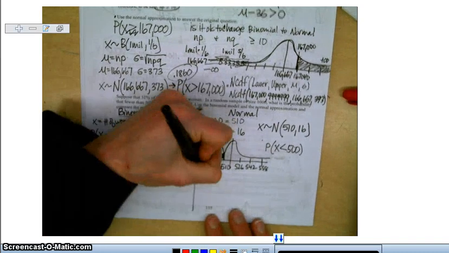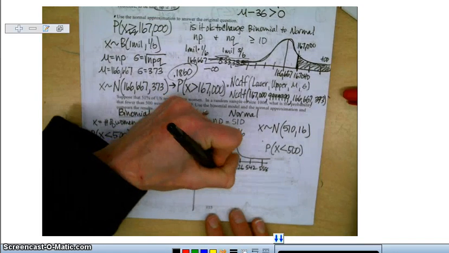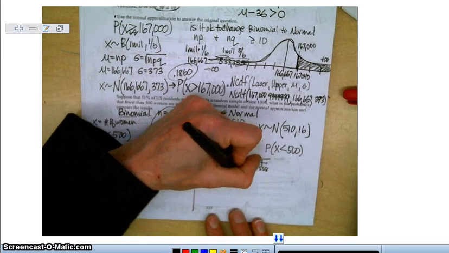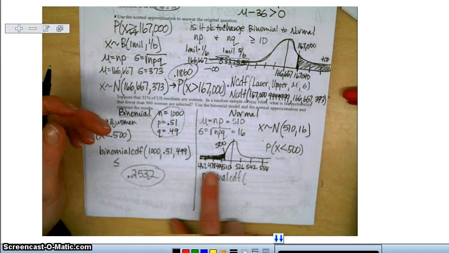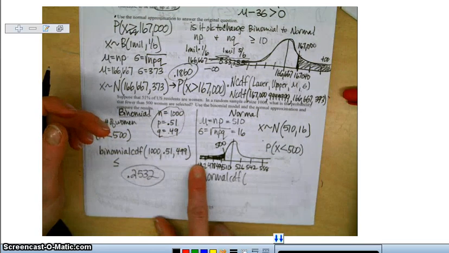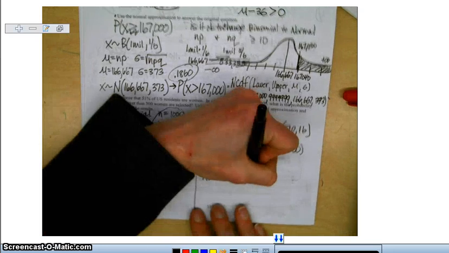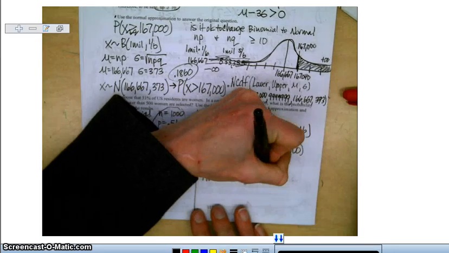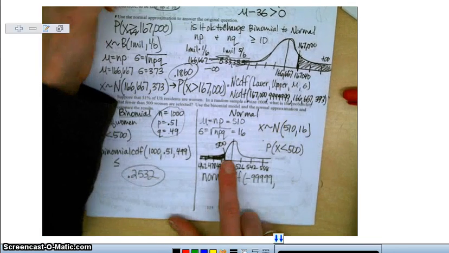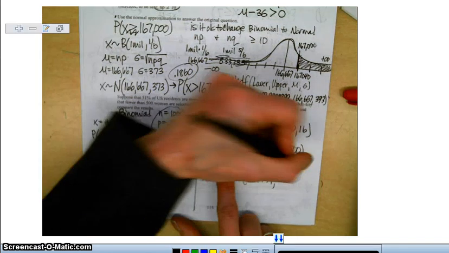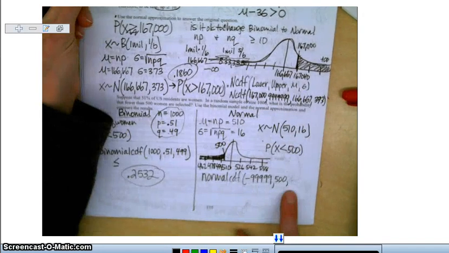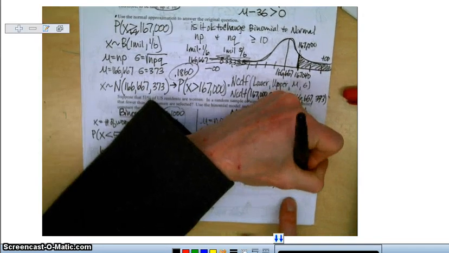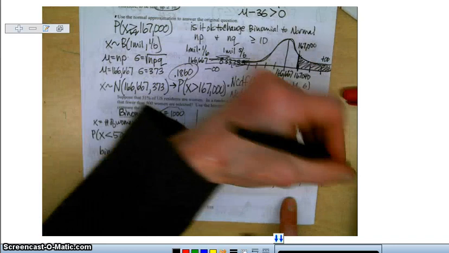So now I'm going to do normal CDF. And what's my lower bound? What's on the left of this? Negative infinity. And the upper bound, 500. My mean is 510, and my standard deviation is 16.